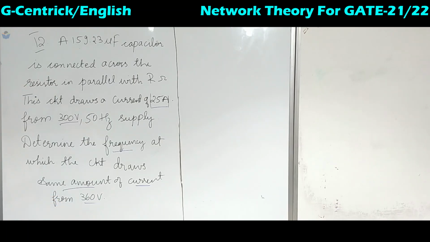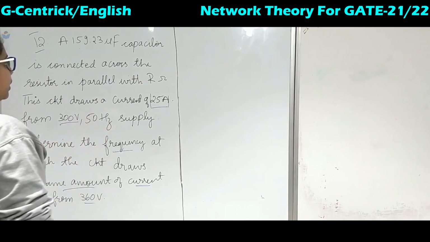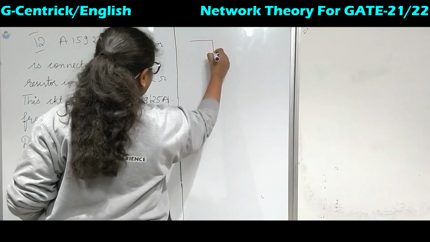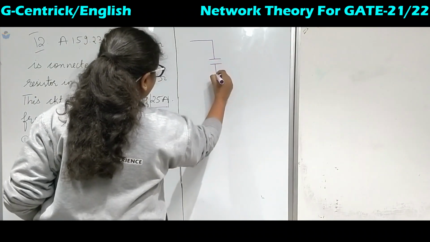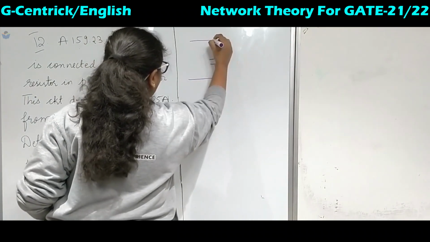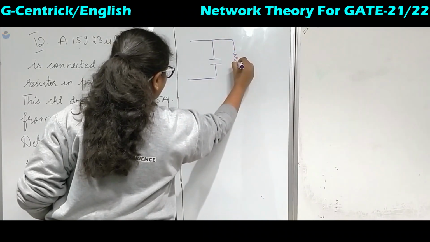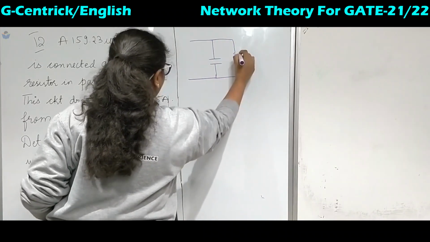So now we will first draw the circuit of the first statement. Okay, so they have said we have the capacitor and a resistor connected in parallel.